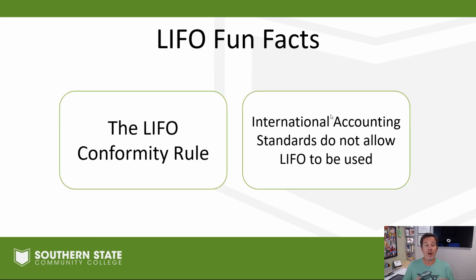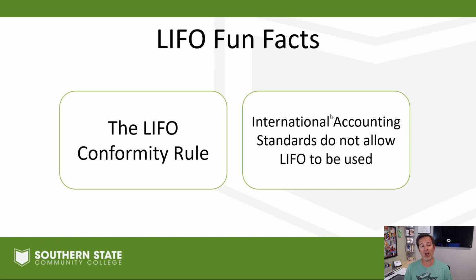Now, some fun facts about LIFO. To kind of piggyback on our last statement there about taxes and LIFO, we have what we call a LIFO conformity rule. The financial statement authoritative bodies, GAAP, and the IRS have decided that if you adopt LIFO for financial statement purposes, then you have to adopt LIFO for tax purposes.